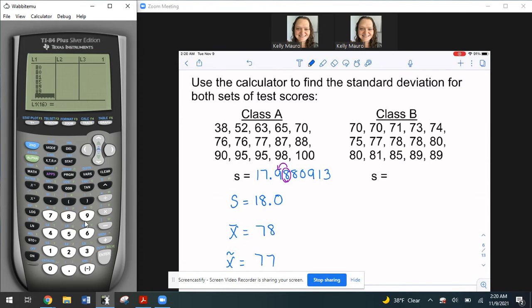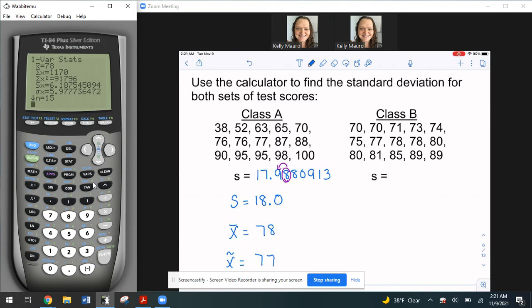All right, so once I have my data input, I press the stat button, go over to calc. Option 1 is one variable statistics. All right, I can see my old stats are here. Don't worry about that. The blinking cursor, again, you need to get it scrolled down so the word calculate is highlighted and then hit enter. Okay.